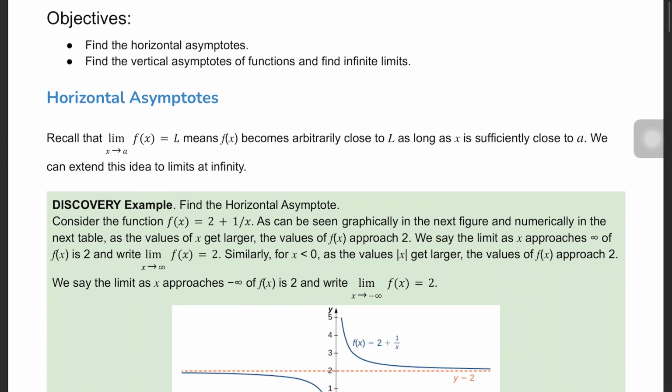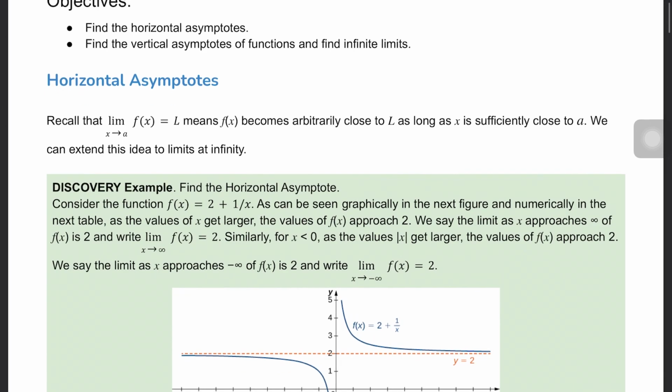So let's recall that the limit of a function as x approaches a equals L means that the function becomes arbitrarily close to L as long as x is sufficiently close to a, meaning as x gets close to a, f of x is getting close to L. Now we're going to use the same concept and extend this idea to limits at infinity, meaning what is happening as x approaches infinity, and also negative infinity.